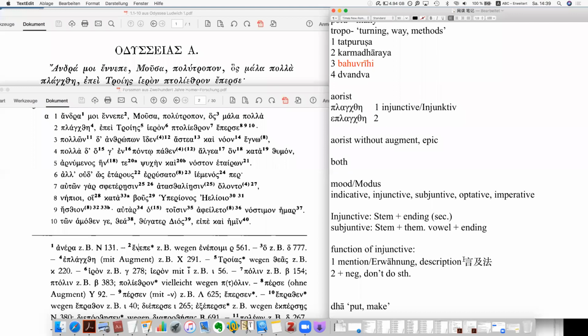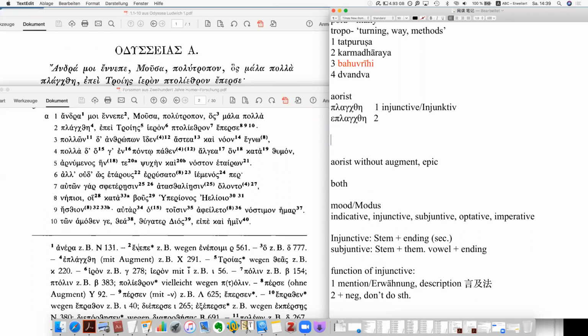Not only yesterday, not only the day before yesterday, not only this year, but also last year, the previous year, and so on. There's actually no time. So this is also the reason why there's no augment, because augment is always connected with past time. But if you don't add an augment, it means something universal or something quite well known, generally acknowledged.